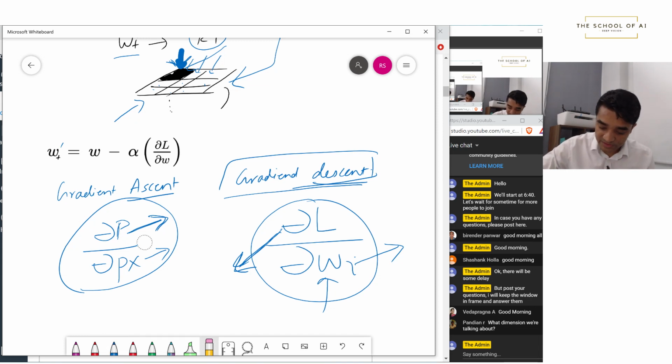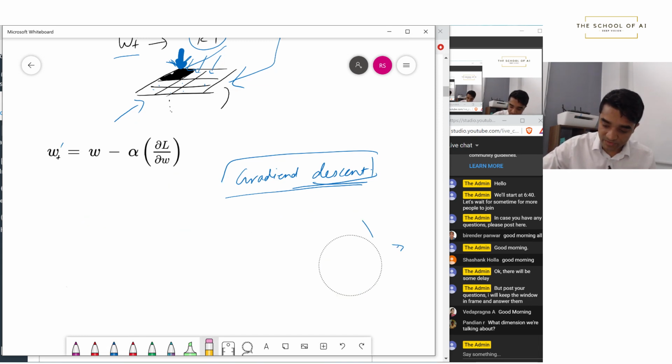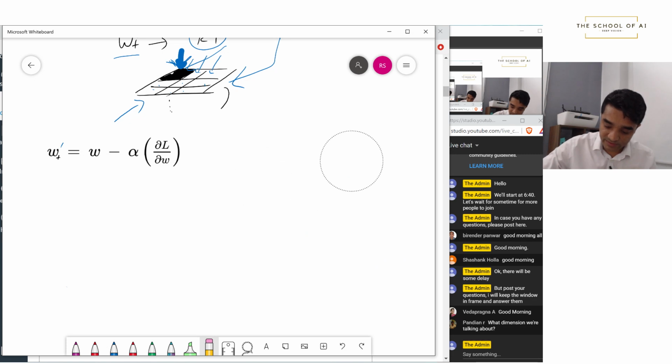Now how this ties up is like this. Let us say this particular weight, which is W1 in our case. First let's look at the equation. Let's say we have L equal to, and we are going to keep the equation simple just so that we can understand this.